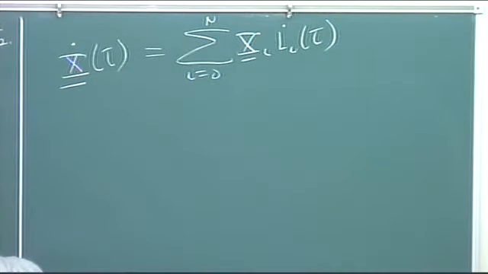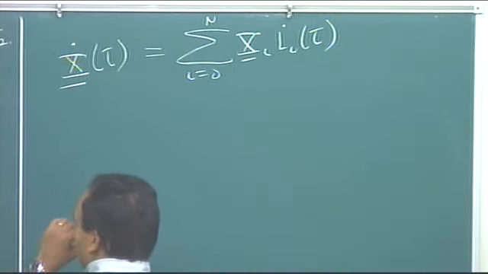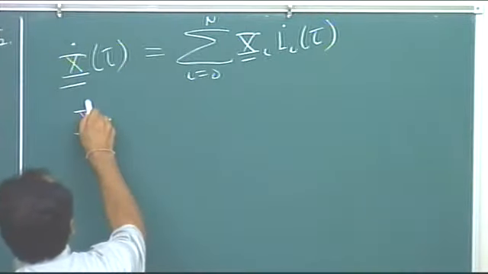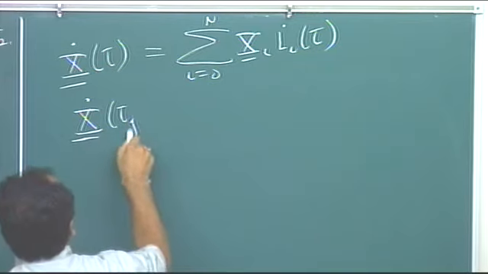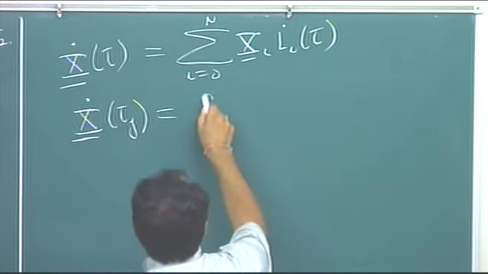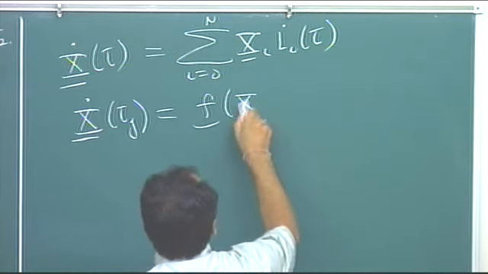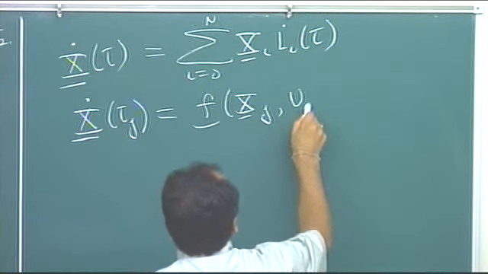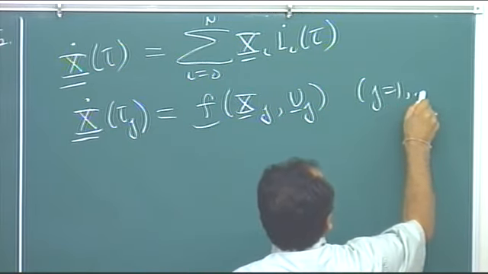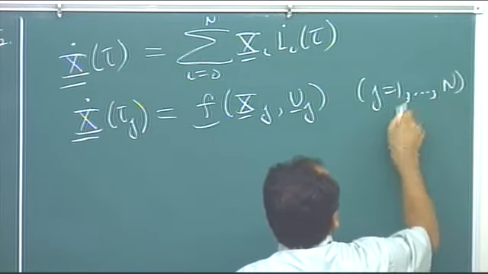And what happened was that because we only have n quadrature points, those being the Gauss points, we collocated this state approximation at the n Gauss points. So this became f of xj and uj, and this was for j going from 1 up to capital N.